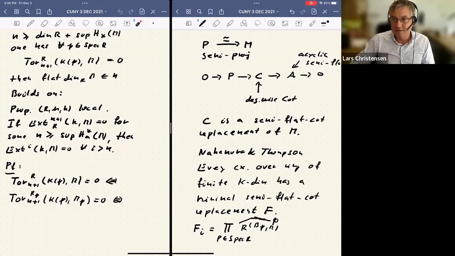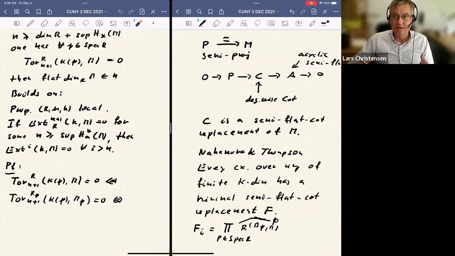I mean, localize a minimal injective resolution at some prime. What you're doing is you just go in degree by degree and throw out E of R mod Q for Q's that are bigger than the prime that you took. And taking torsion just does the opposite thing. And the whole key to what's going on here is that for a minimal semi-flat cotorsion, the completion functor and the co-localization do the exact same thing.